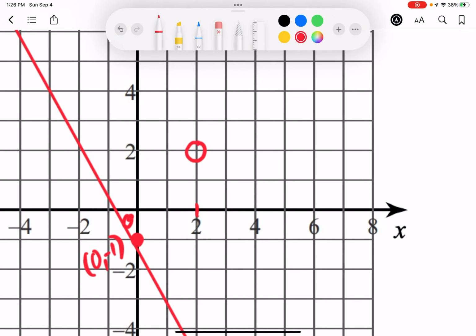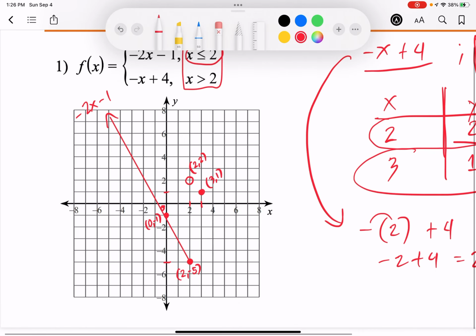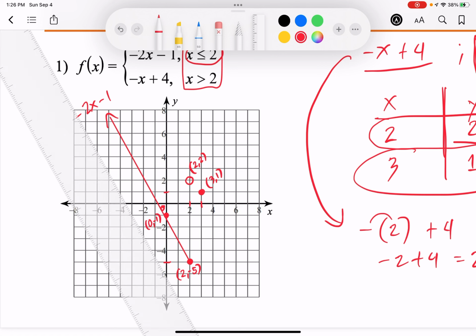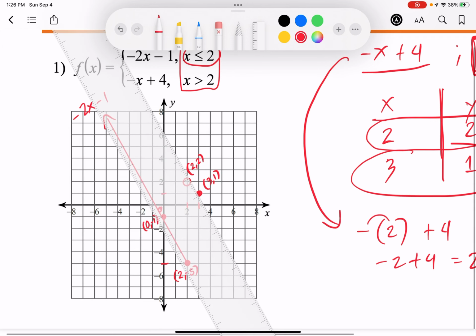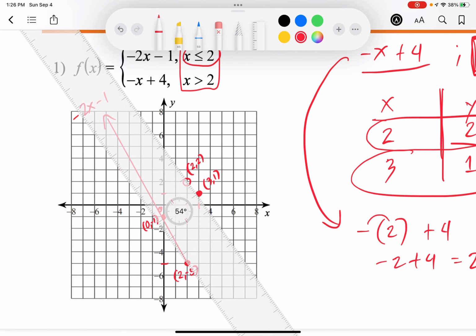Okay, 3, 1 is somewhere, that's 3, and this is 1, so it's somewhere here. Okay, i-label natin yung point para kitang-kita. 2, 2. And then this point is at 3, 1. Okay, dahil line siya, gagamit lang tayo ng ruler to graph it. And then you're good to go.